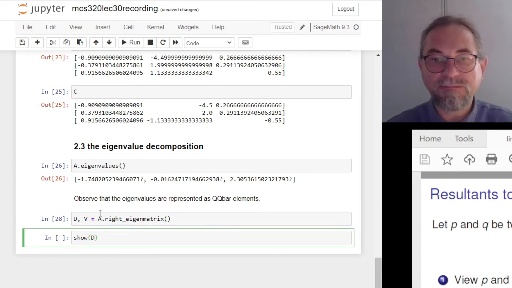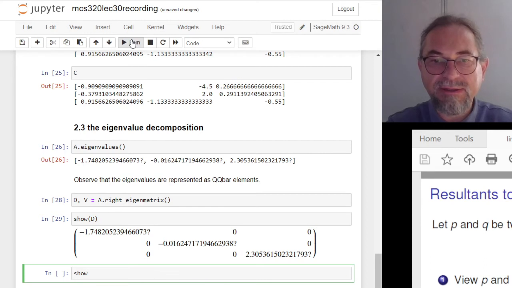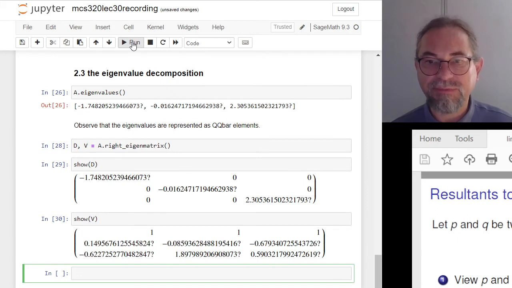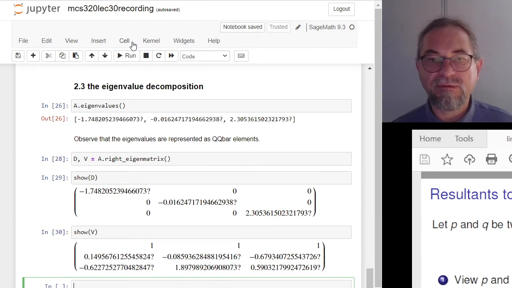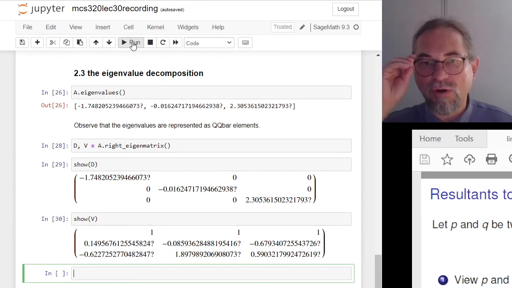So the matrix D is a diagonal matrix, and the matrix V, perhaps I can also show this, the matrix V stores the eigenvectors of the matrix, and you can see they are normalized.